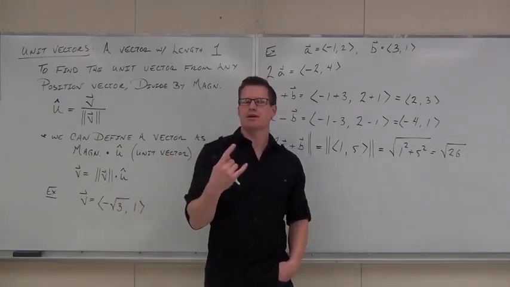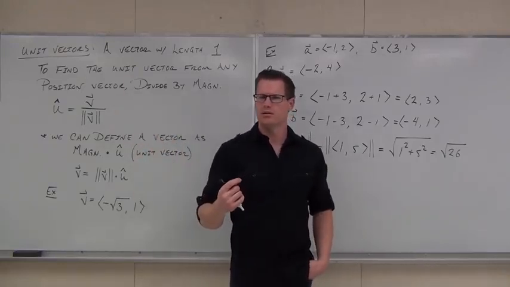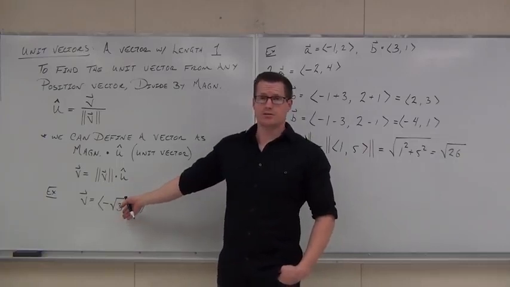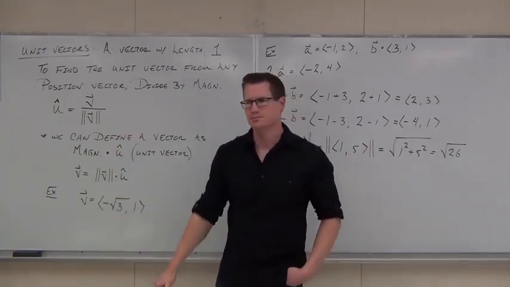Name me the 2 things you need to figure out a unit vector. What do you need? You need a vector. We got a vector. And you need what else? Go ahead and find the magnitude right now.